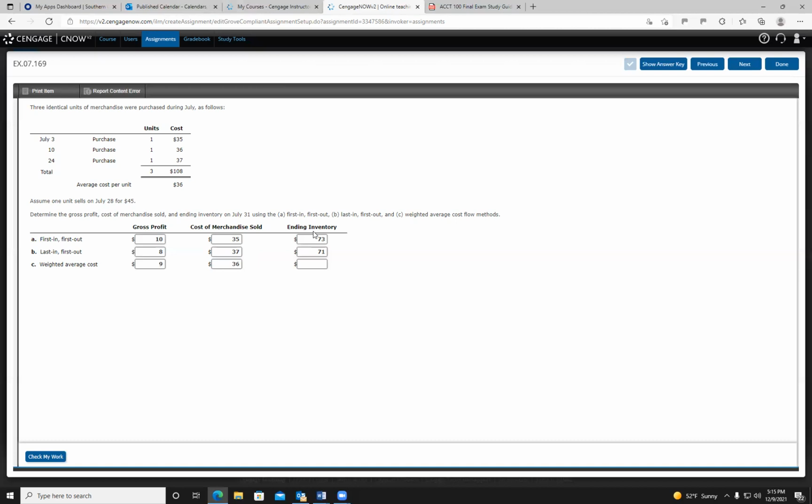If your average cost per unit is 36, we had 3 units, we sold 1, so therefore we only have 2 units left. You can do it one of 2 ways: 36 times 2 or 108 minus 36. Either way, your answer is 72.